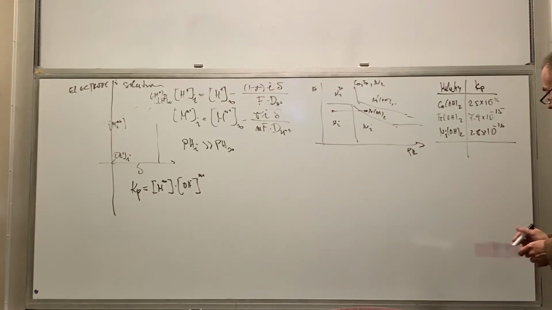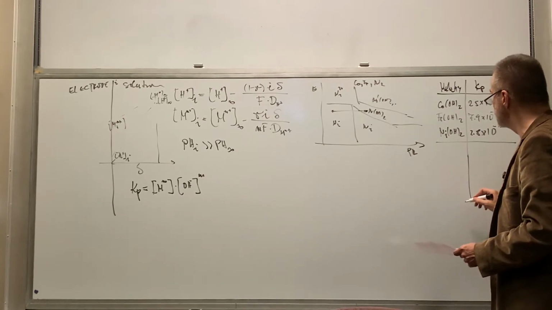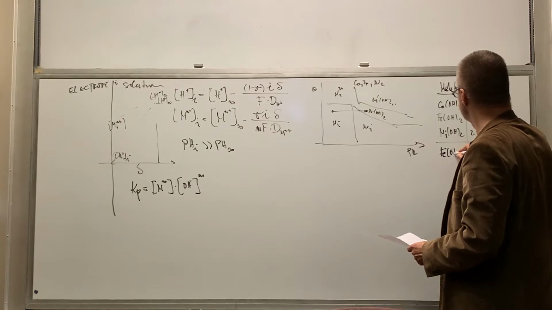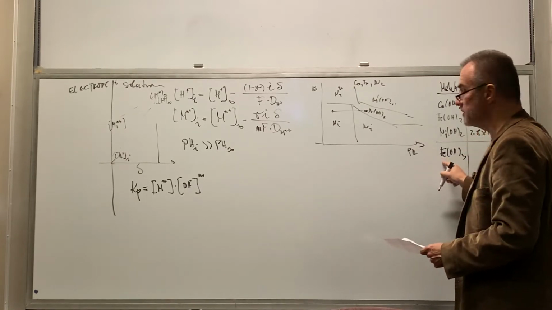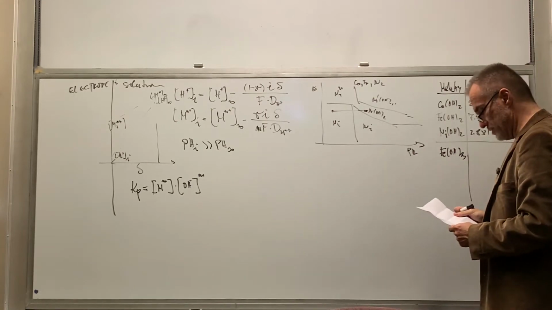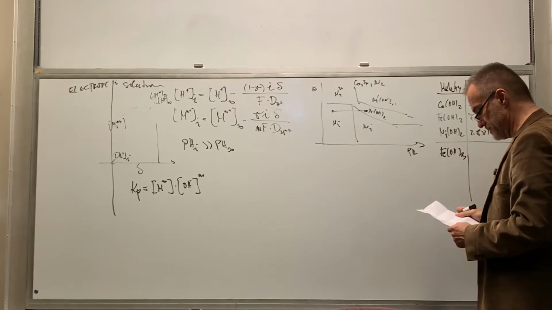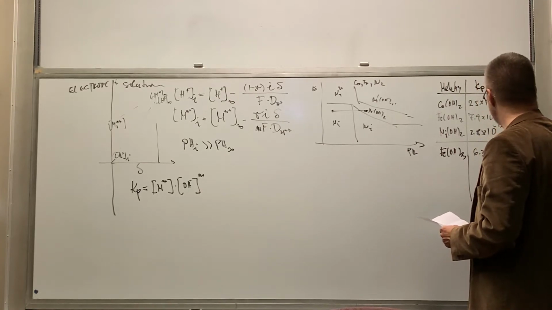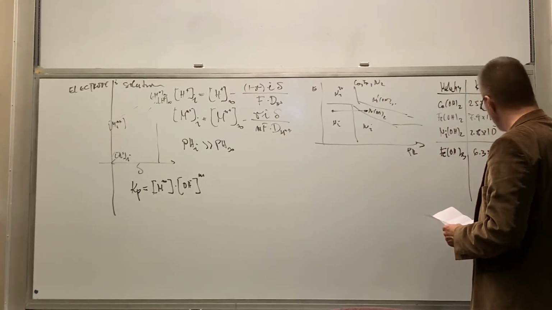Now, let me give you a catch here. If you look at iron 3 hydroxide, so this is iron 3, this is 3 here, right? The solubility product is 6.3 times 10 to the minus 38.